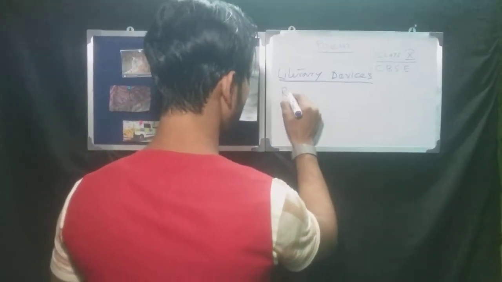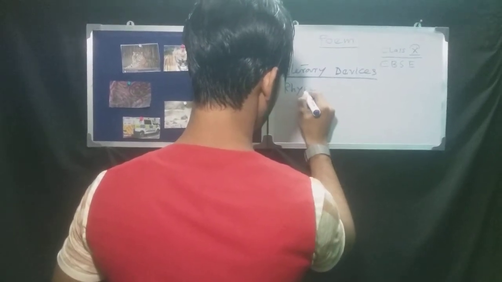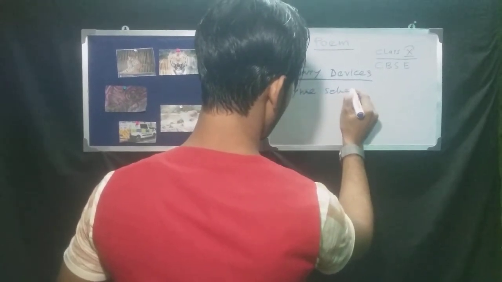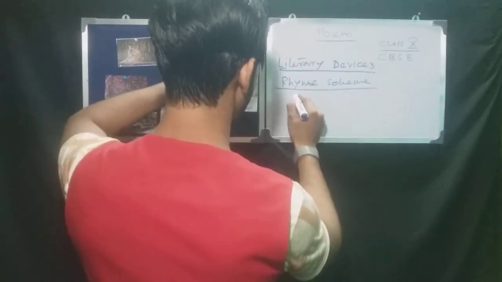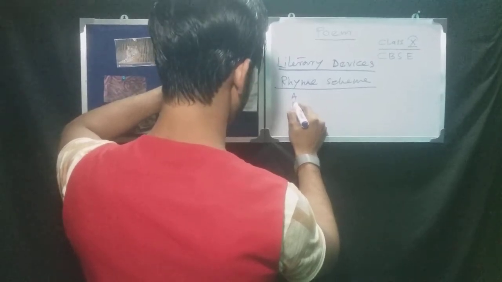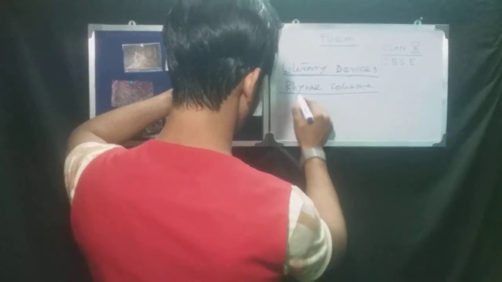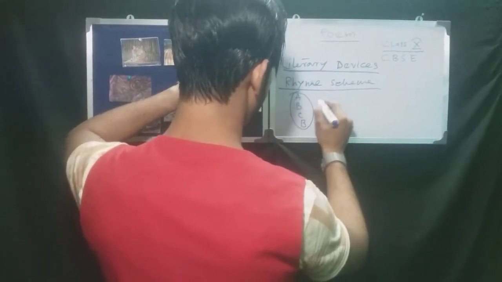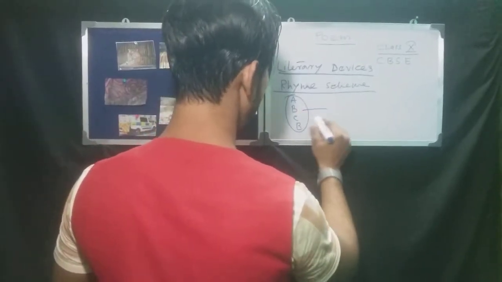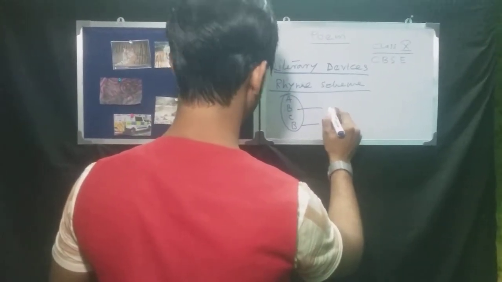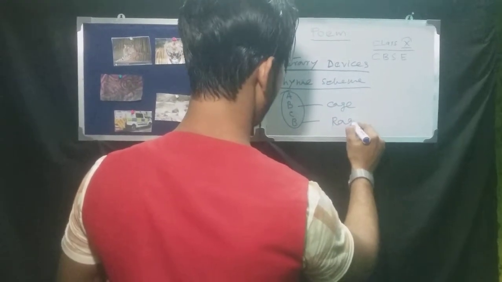Let's check out first the rhyme scheme. The rhyme scheme is A, B, C, B. B, B, catch and rage.